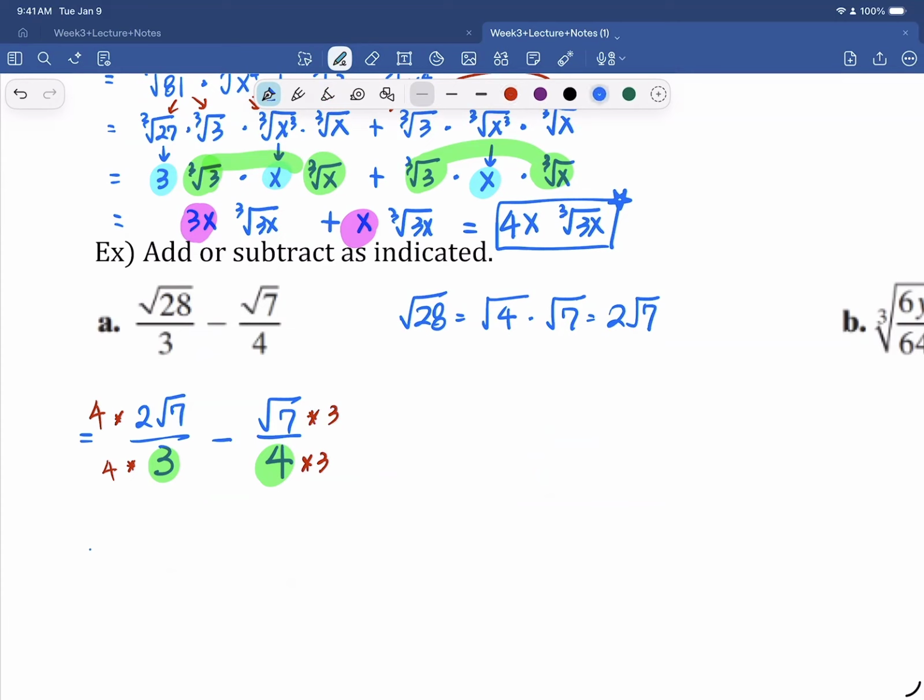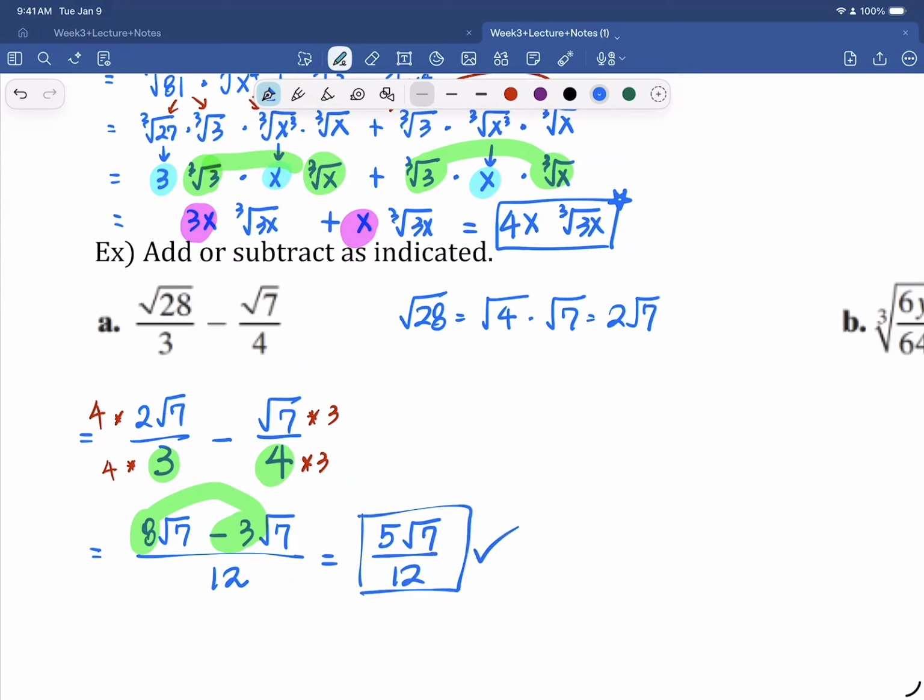So this one is 8 square root of 7 minus 3 square root of 7, all over 12. 8 minus 3 is 5. So 5 square root of 7 all over 12. Okay. 5 square root of 7 over 12 is the final answer.